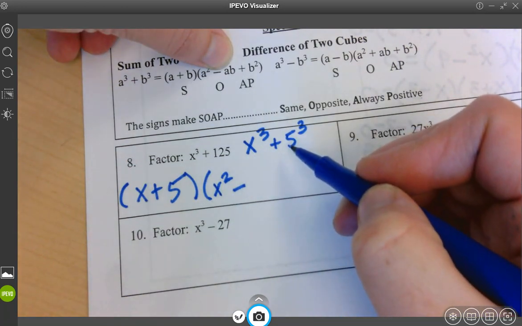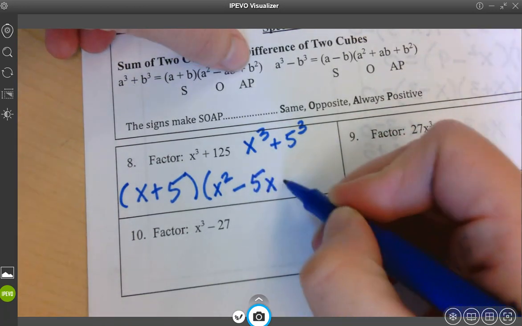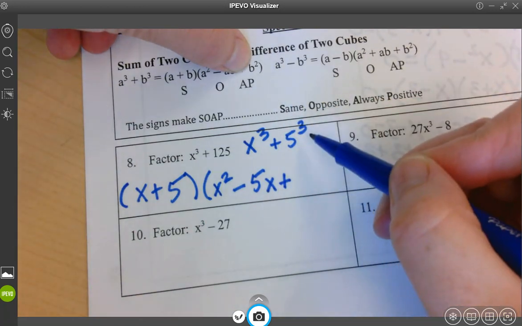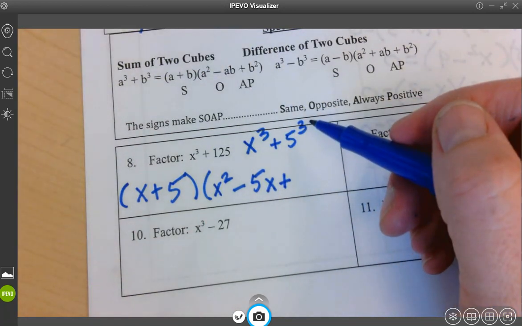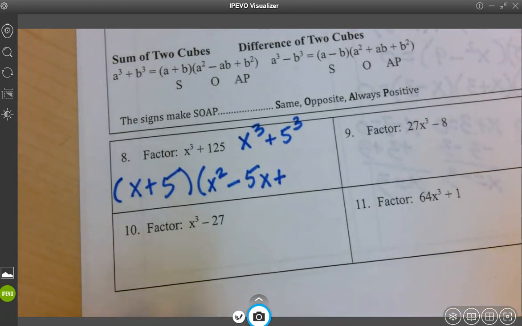What do I write? 5x, good. And then plus, instead of b squared, I have 5 squared. 5 squared is how much? 25. Yep.